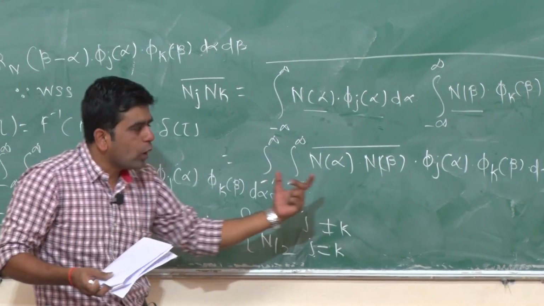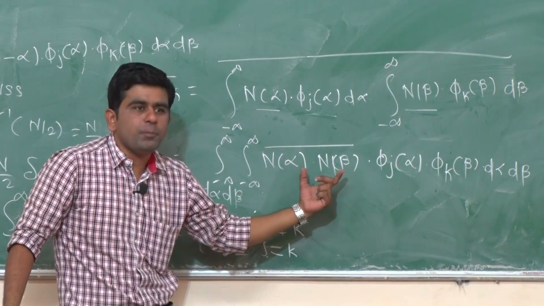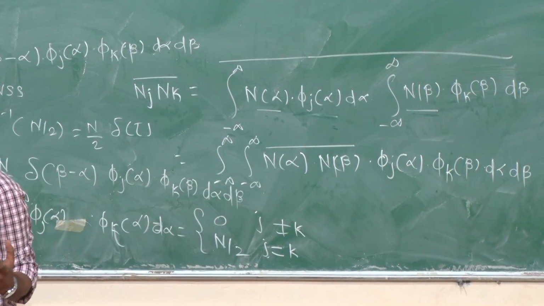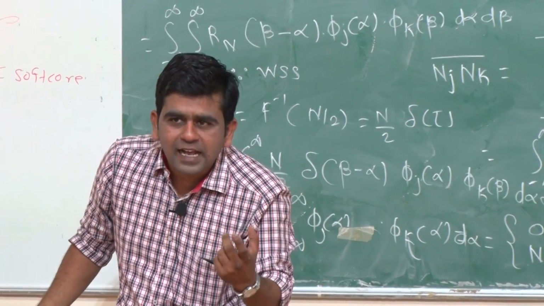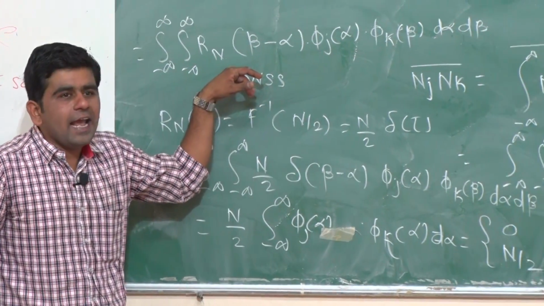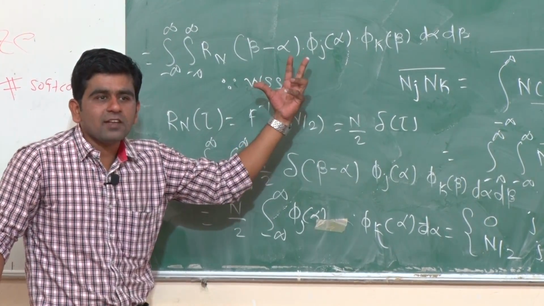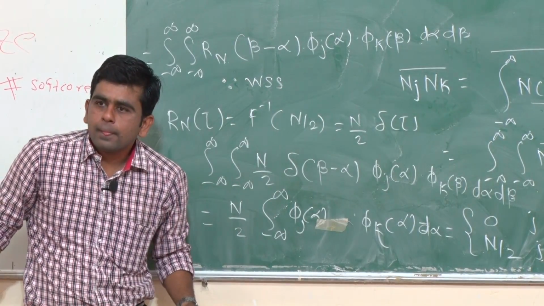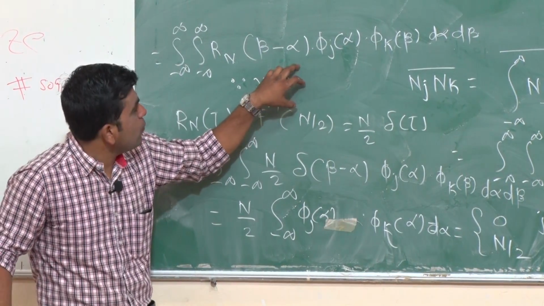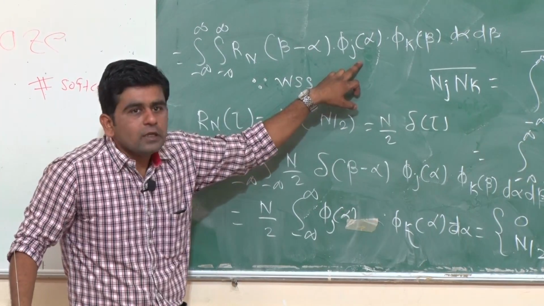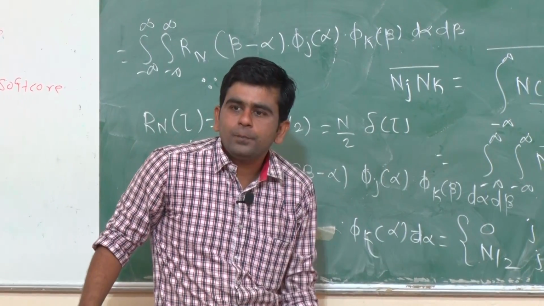We have to find the correlation between these two random processes, that is, the expectation of n of alpha into n of beta, when we assume that this process is wide sense stationary. When it is wide sense stationary, the autocorrelation function R_n is definitely a function of this time difference, beta minus alpha or alpha minus beta, whatever. So this quantity gives me the autocorrelation function R_n of beta minus alpha into the basis function phi_j of alpha into phi_k of beta d alpha d beta.